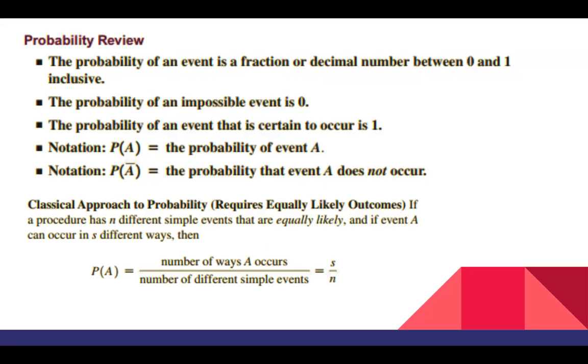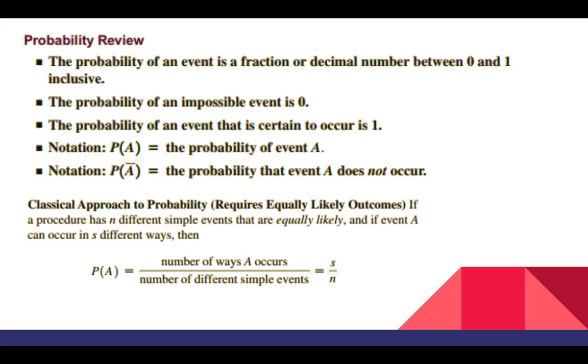So it's 0 out of 6, or excuse me, 0 out of 1 in terms of converting a probability into a decimal. And then the probability of an event that is certain is 1, right? So rolling a die and landing any integer 1 through 6 is certain. So there's a 100% chance of that happening, or we can convert that to the decimal 1.0.